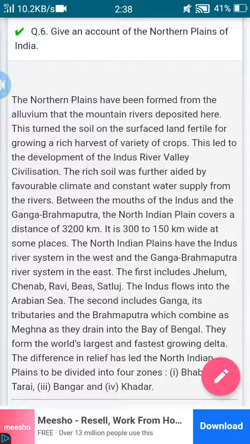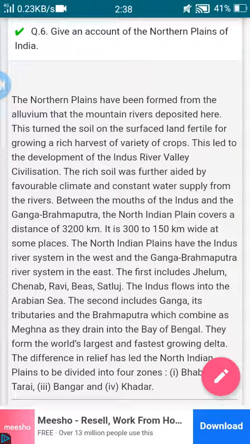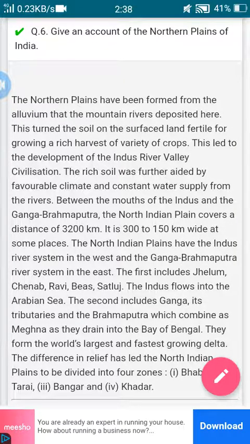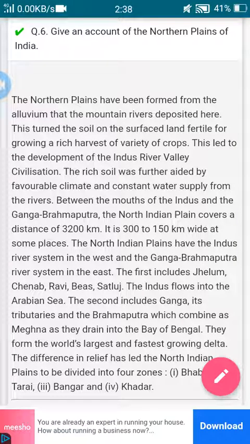This led to the development of the Indus River Valley civilization. The rich soil was further aided by favorable climate and constant water supply from the rivers.